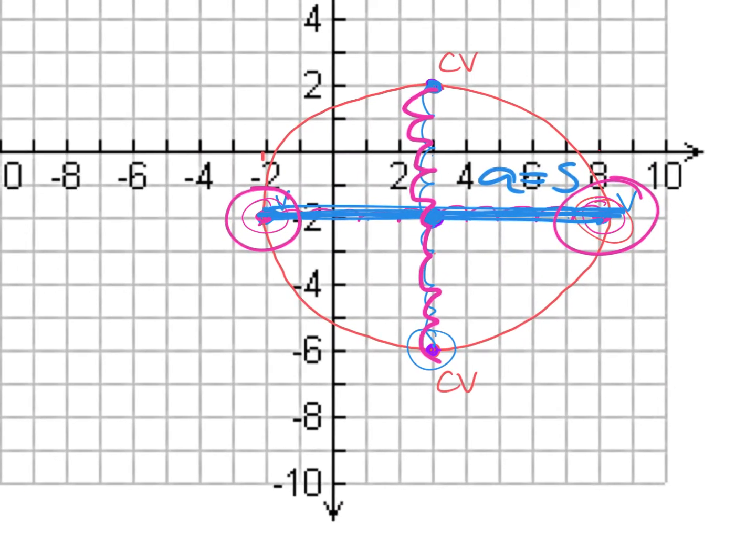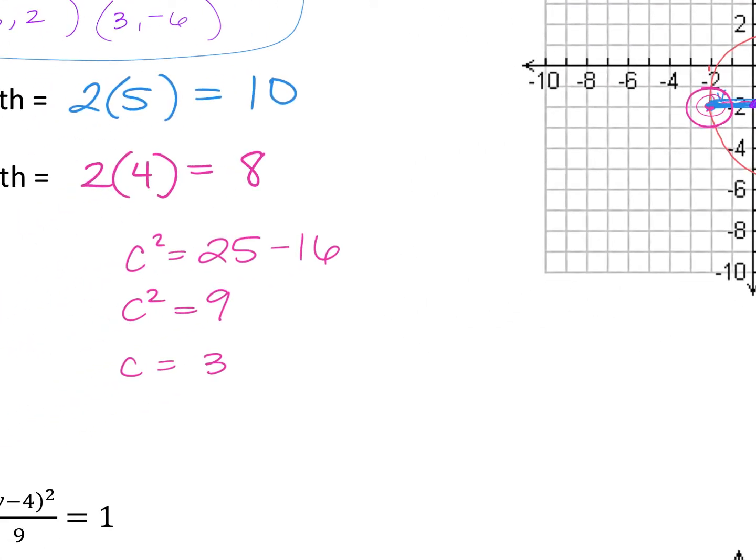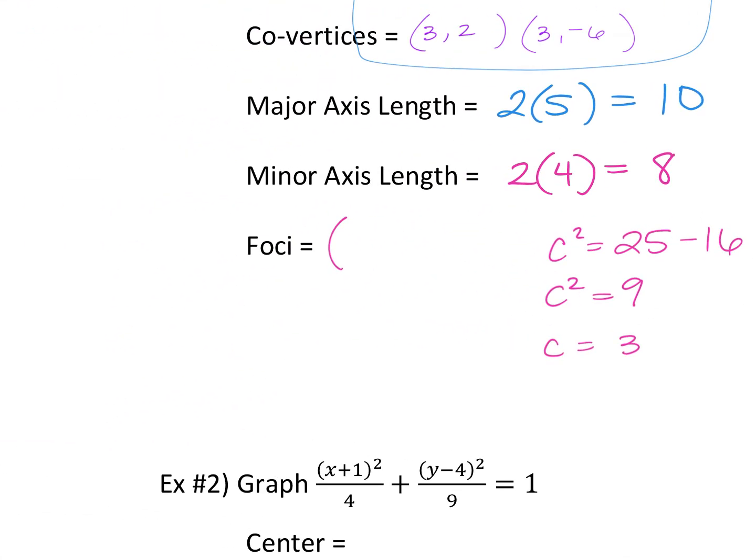So if my center is here and my c value is 3, I'm going to go 1, 2, 3, and that's going to be one focus. And then 3 to the left, 1, 2, 3, that's going to be my other focus. So those 2 points are your foci. That's going to be 0, -2. And the other one is 6, -2.